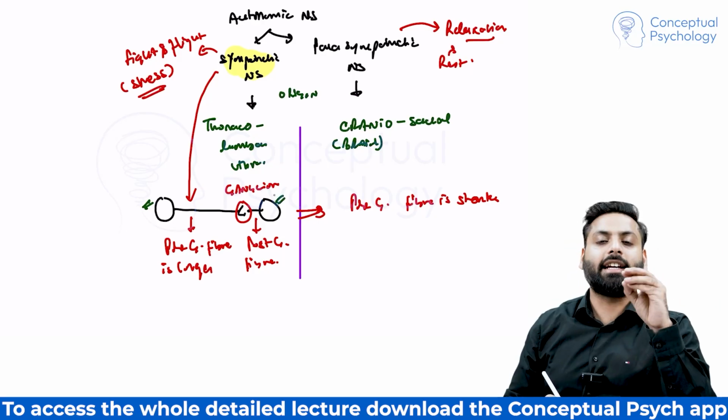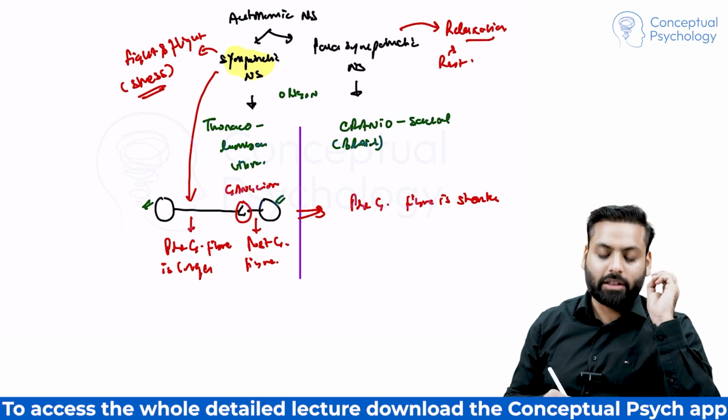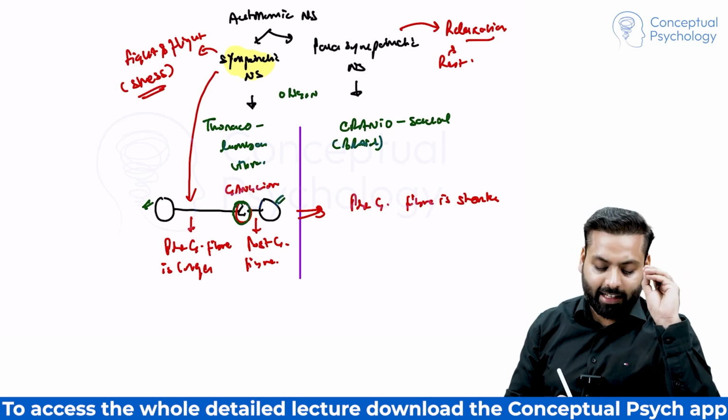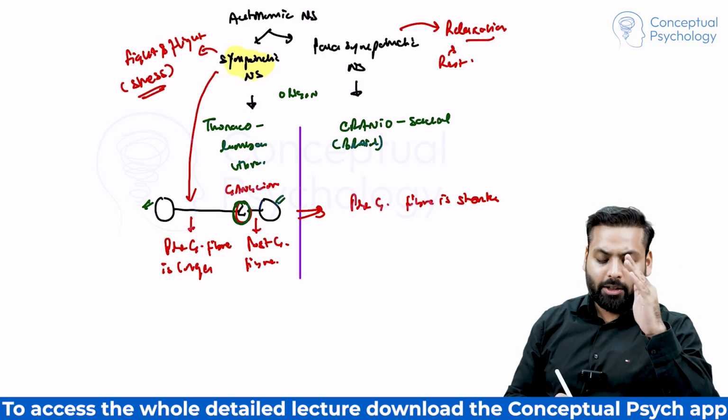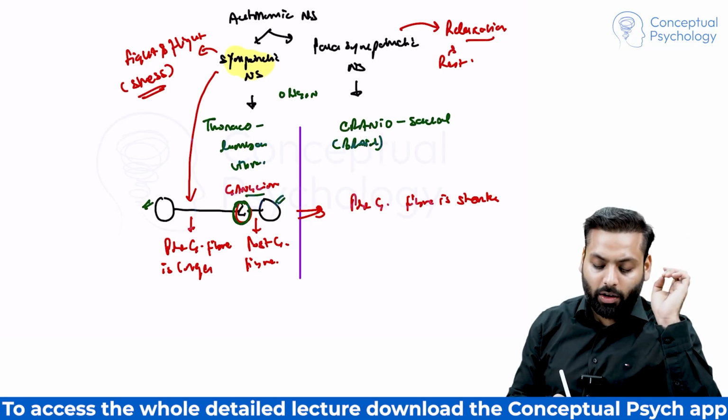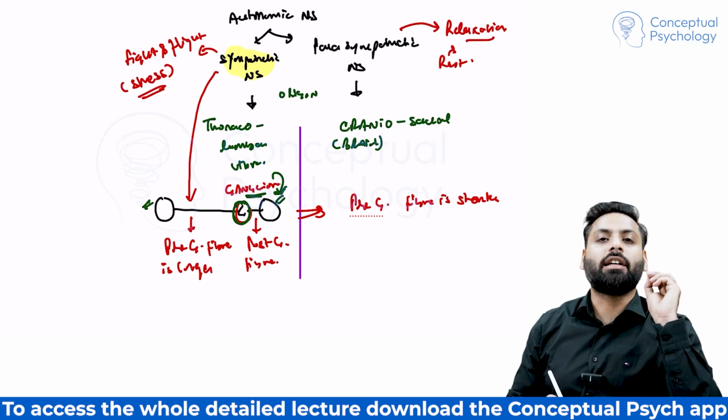It takes rest and then it goes. The place where it takes rest is the ganglion. In the sympathetic nervous system, the ganglion is near the target organ.